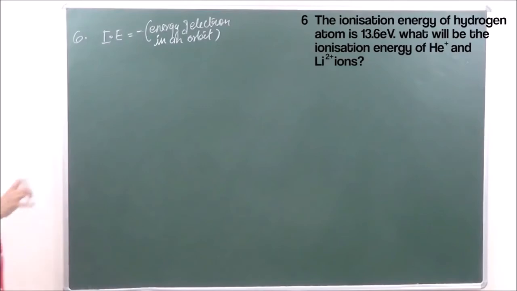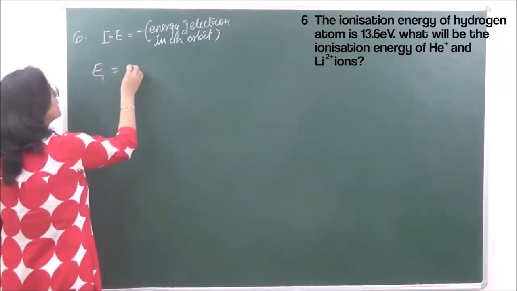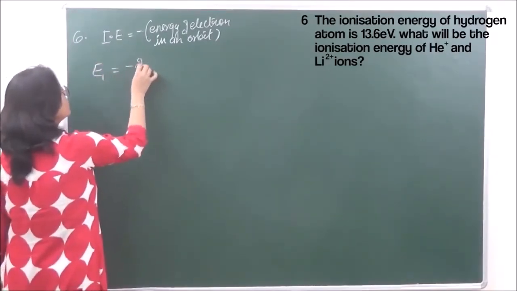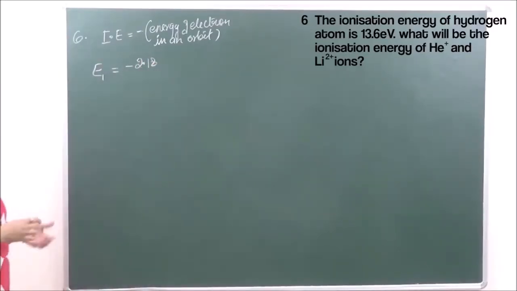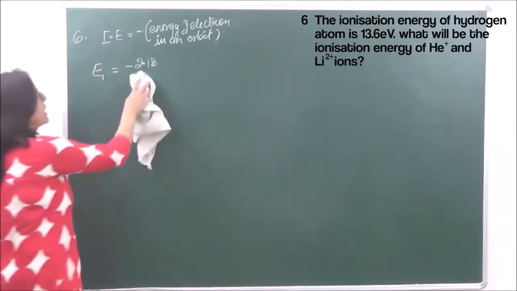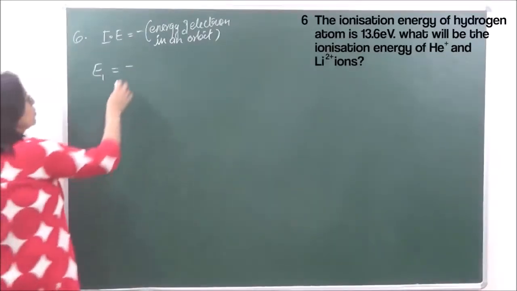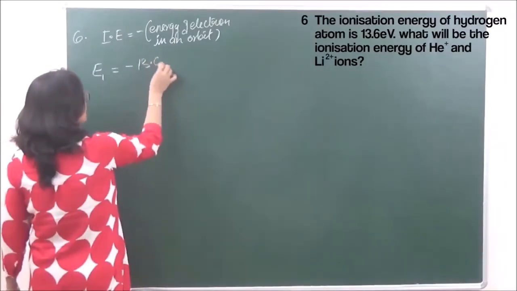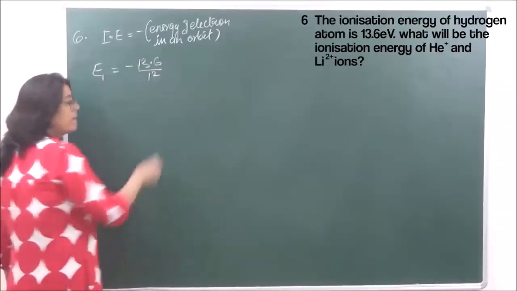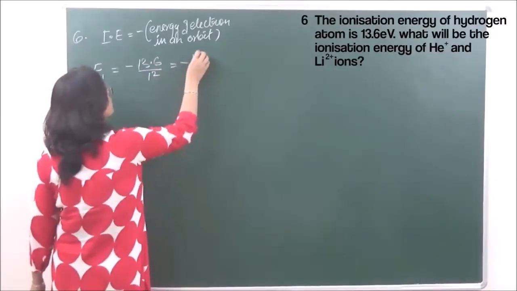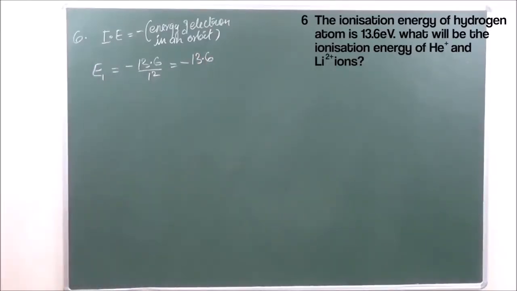Now the energy of the first orbit, that is going to be minus 2.18, or if you are talking of electron volts, that is minus 13.6 upon 1 square, so that is equal to minus 13.6.